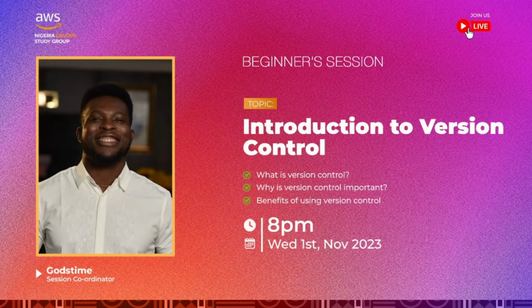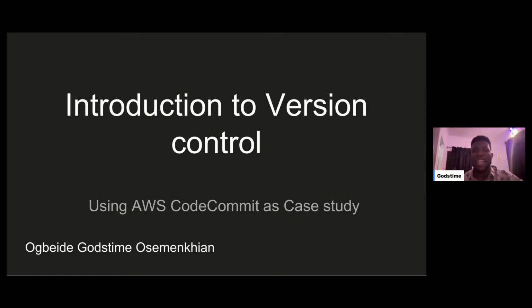So today we'll be talking about introduction to version control using Git. Okay, let me pull up my slide. So version control, as we know, is the fundamental of software engineering.